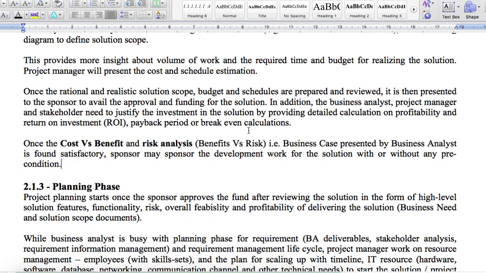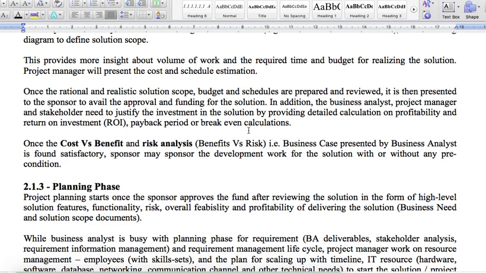Benefit means if we go ahead, we will have benefits, and those we can list, tangible and intangible. But if we do not go ahead, then what are the risks we may face? It could be facing a penalty if it is a regulatory requirement, or an impact on the brand value if we have outdated systems. Okay, various risks may be involved.